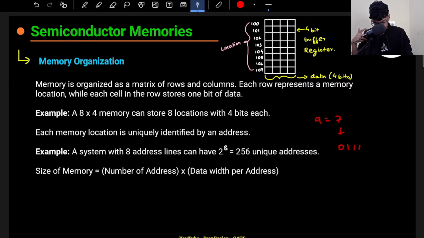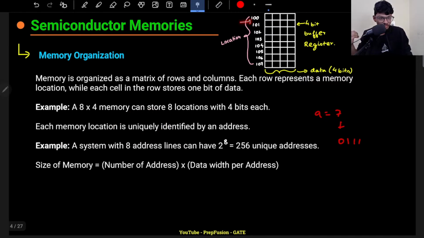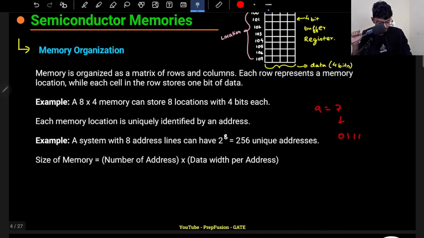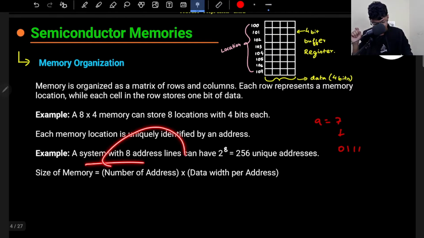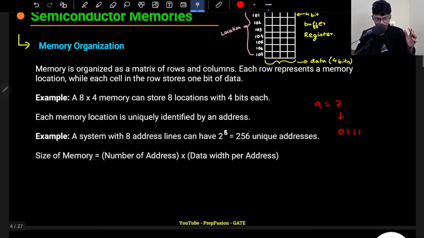What else you have to understand is that each memory location is uniquely identified by its address. Now, if a system has 8 address lines, basically it has 8 address bits.